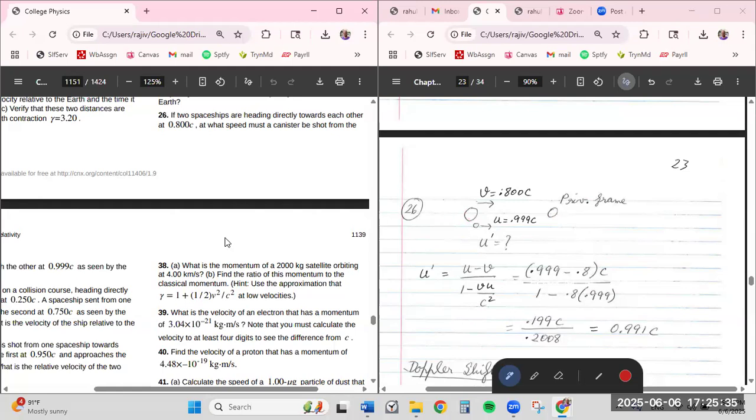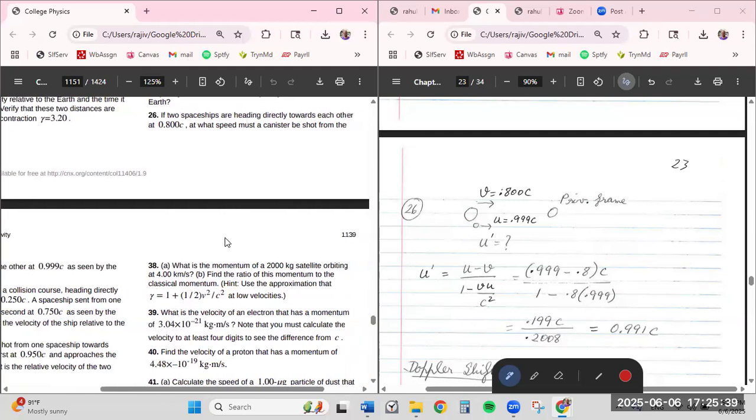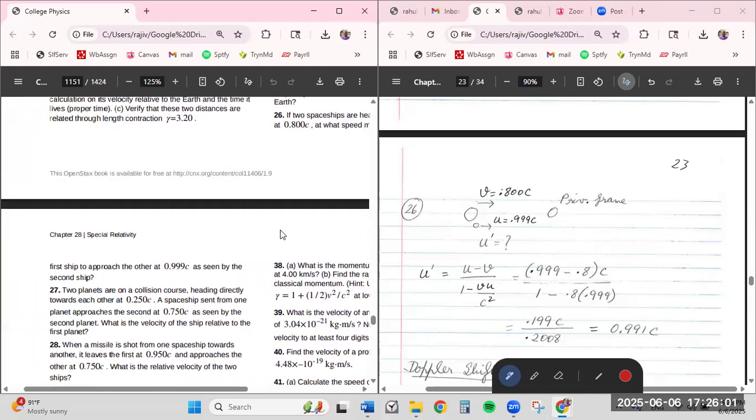Since there is no Earth in this case, we have to decide which is the privileged frame of reference. There's no hard and fast rule, but I'm going to call the second one the privileged frame, which means it's u that is 0.999 c.